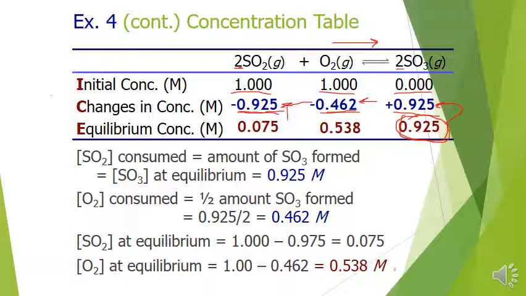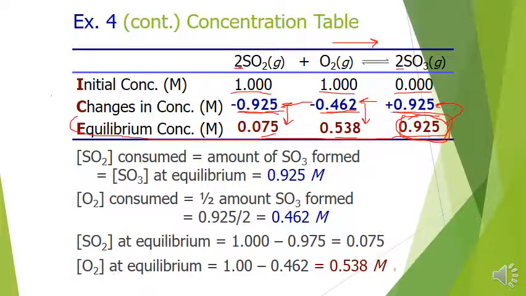And then you figure out your equilibrium. So 1 minus 0.295 is this. 1 minus 0.1475 is this. And we're given this.